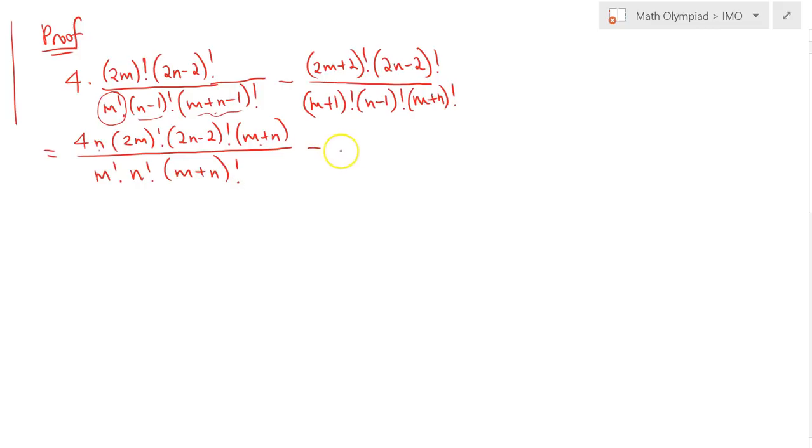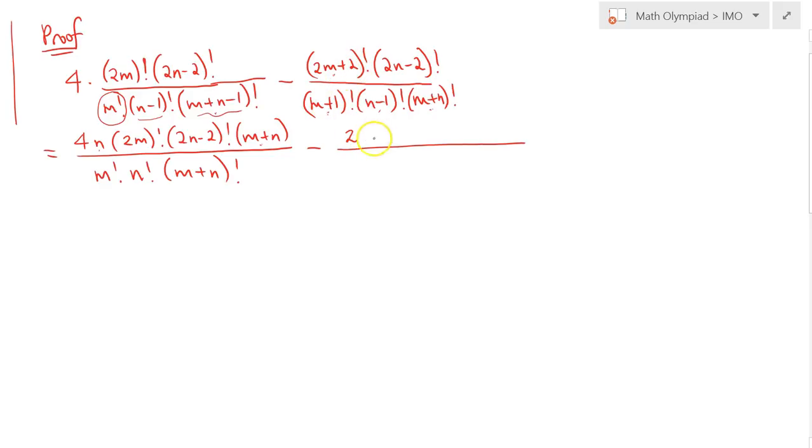Minus, we do the same thing on the right hand side. I have some extra stuff. I will definitely add an n here, both to the numerator and the denominator. The only thing is I have an extra m plus 1 here. Luckily it will cancel, so I will factor out 2m plus 2. It will cancel with the m plus 1, so there will be a 2 remaining there.